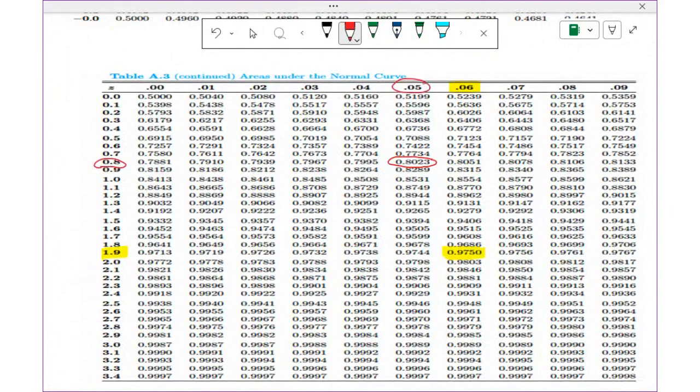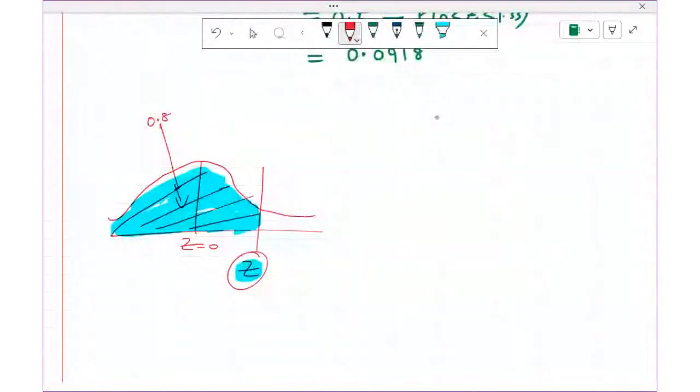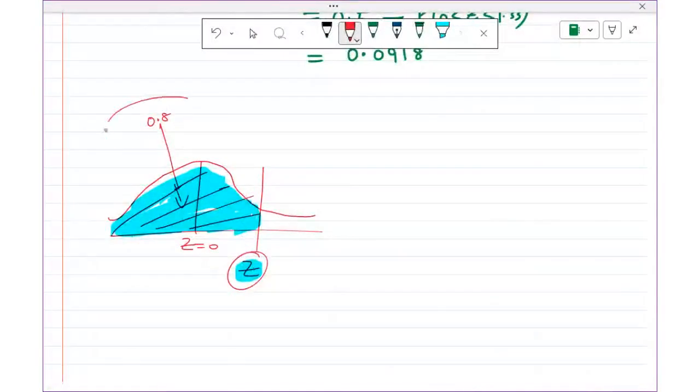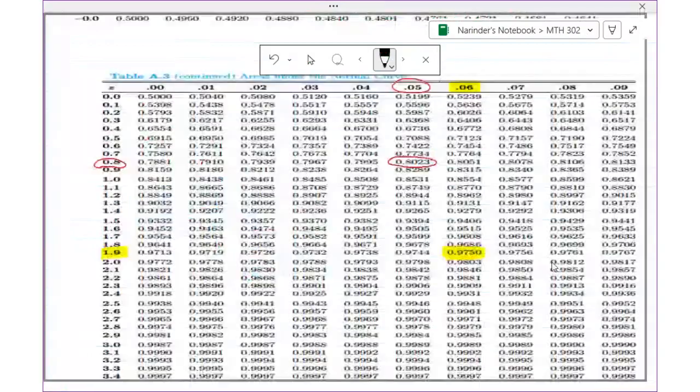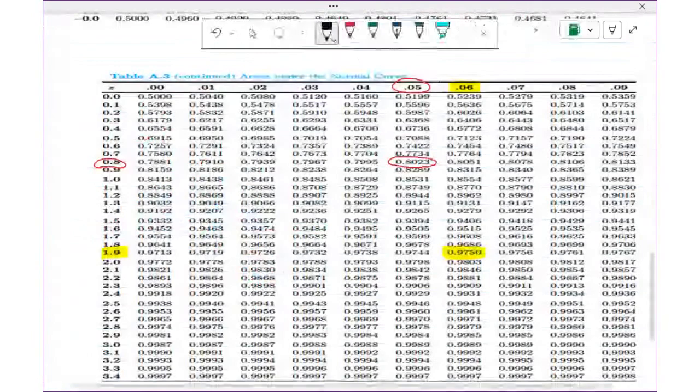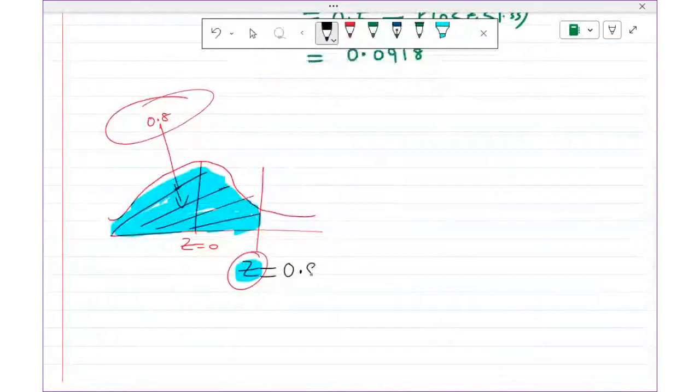So from the table we have seen that this much area comes when z is equal to, I forget now myself, 0.85. Z is equal to 0.85.